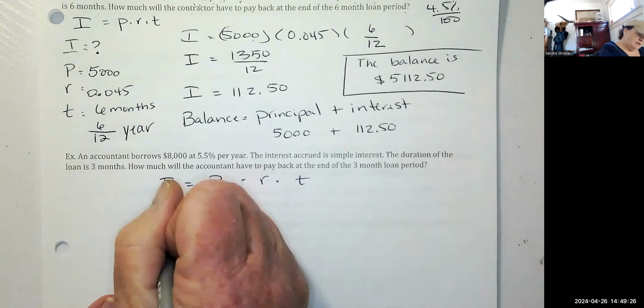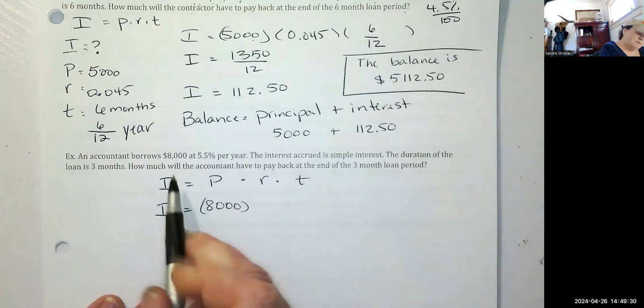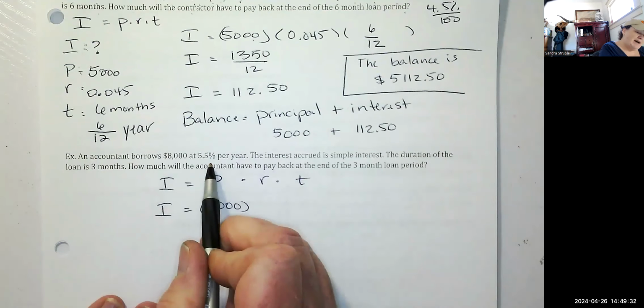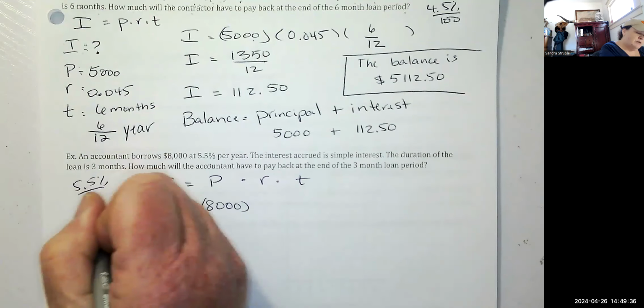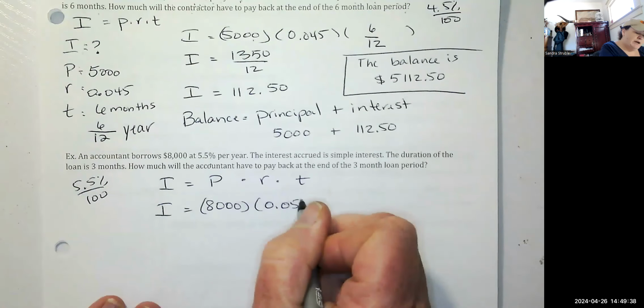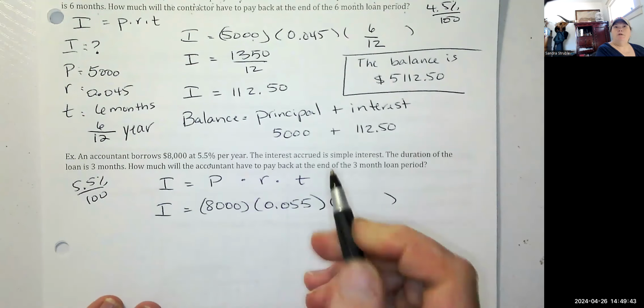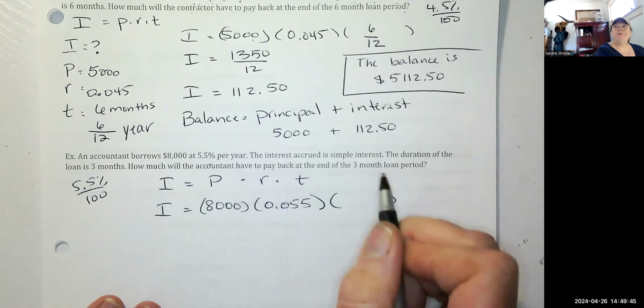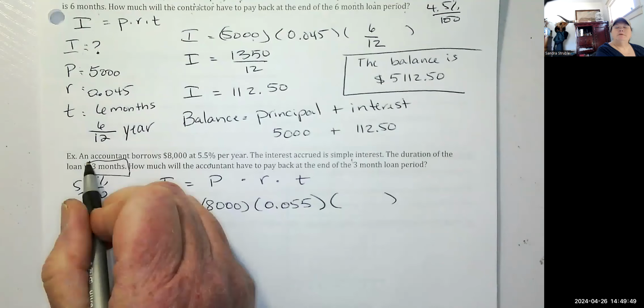Okay, so interest is going to be equal to our principal, 8,000, because that's the amount that was borrowed. 5.5%, so take 5.5% divided by 100, and you get 0.055, and then time. Well, for time, remember it's got to be based out of a year, but we only have it for 3 months.